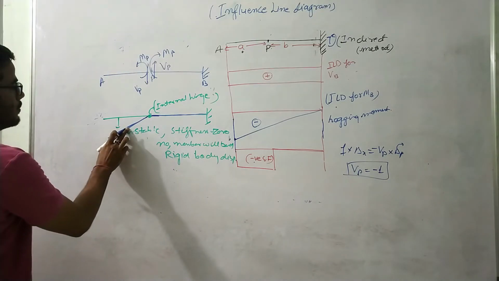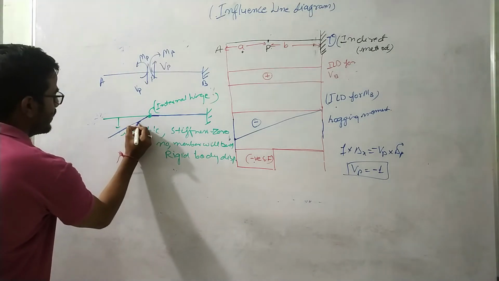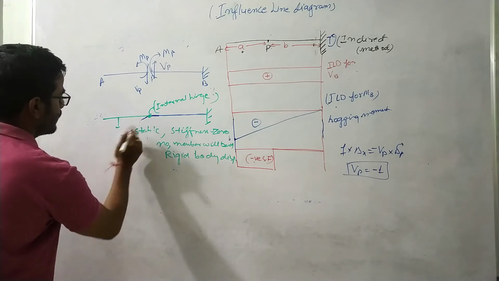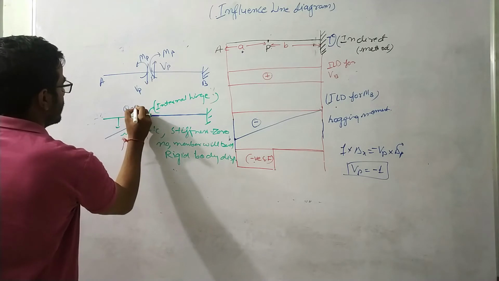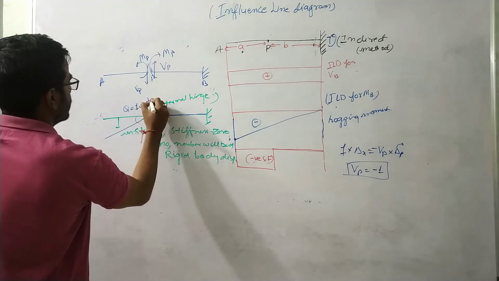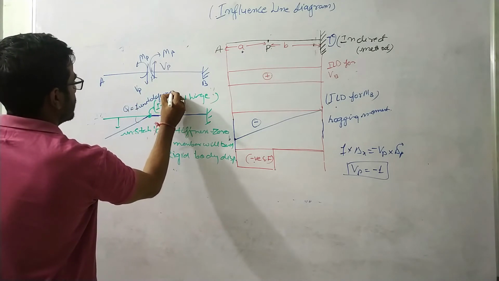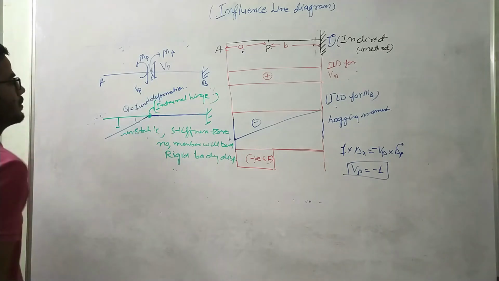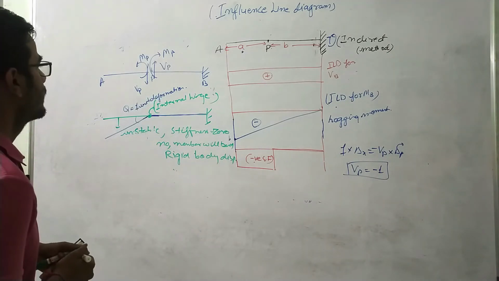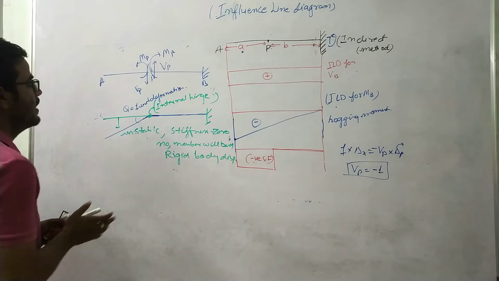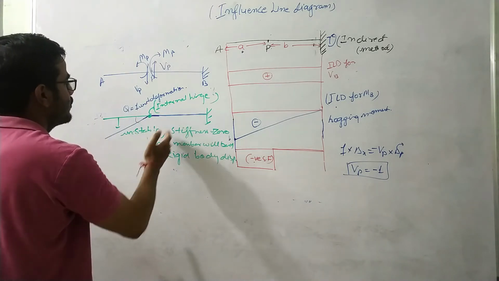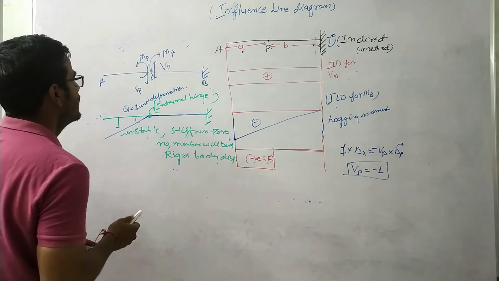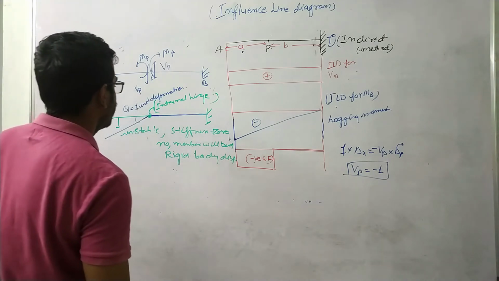So this is the case over here, and this theta is nothing but the unit deformation in terms of theta. Which means the ILD is showing that whenever the load is acting right of P, the bending moment at the point P is nothing but 0.